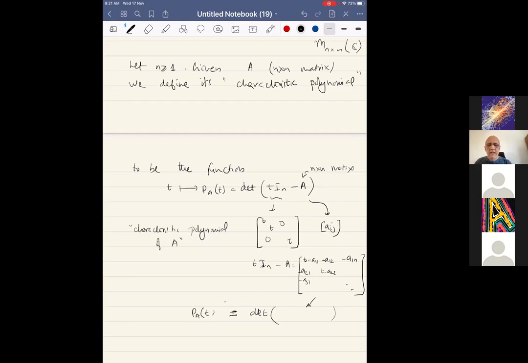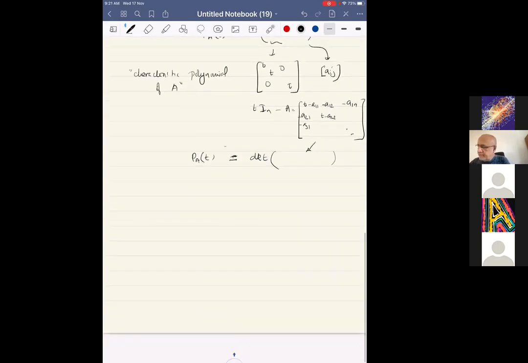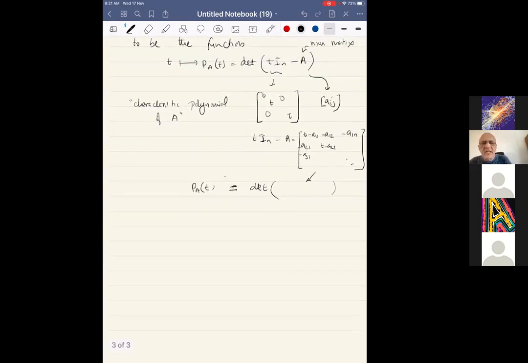Now, as I said, I've slightly cheated because I didn't call it the characteristic function of A. I called it the characteristic polynomial of A. That means I'm anticipating that I will now convince you that it is not an arbitrary kind of function, but it's a polynomial function, so it has a degree associated to it.